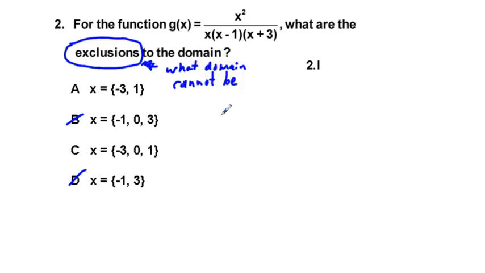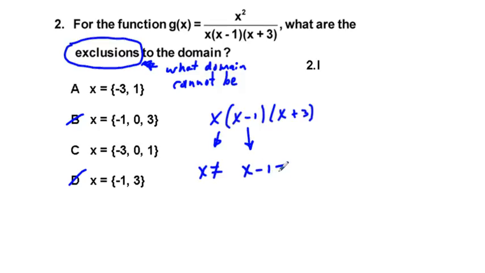You can find the discontinuities or the exclusions by setting each one of these factors. We have x times quantity x minus 1 times quantity x plus 3. We set each one of these equal to 0, so x cannot equal 0. X minus 1 cannot equal 0. And finally here on the right, x plus 3 cannot equal 0. And so x cannot equal 0, that's an exclusion.